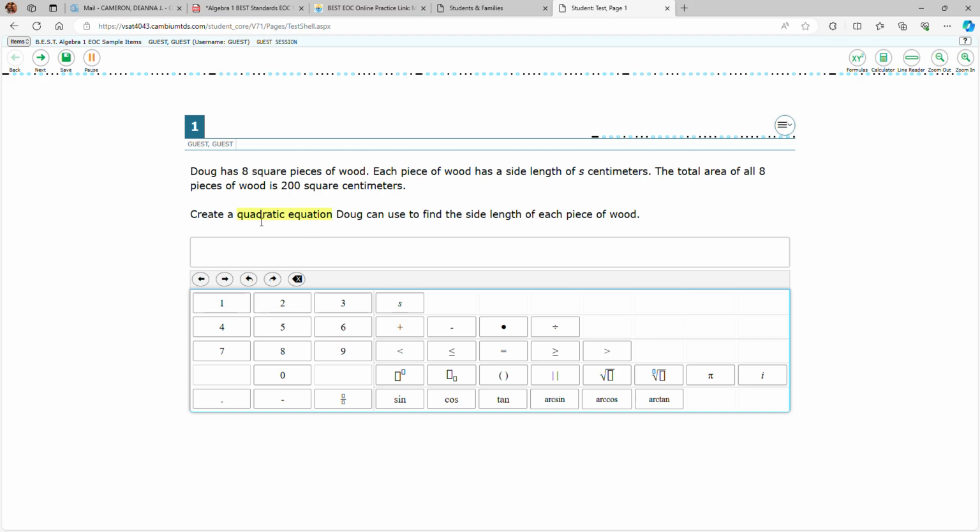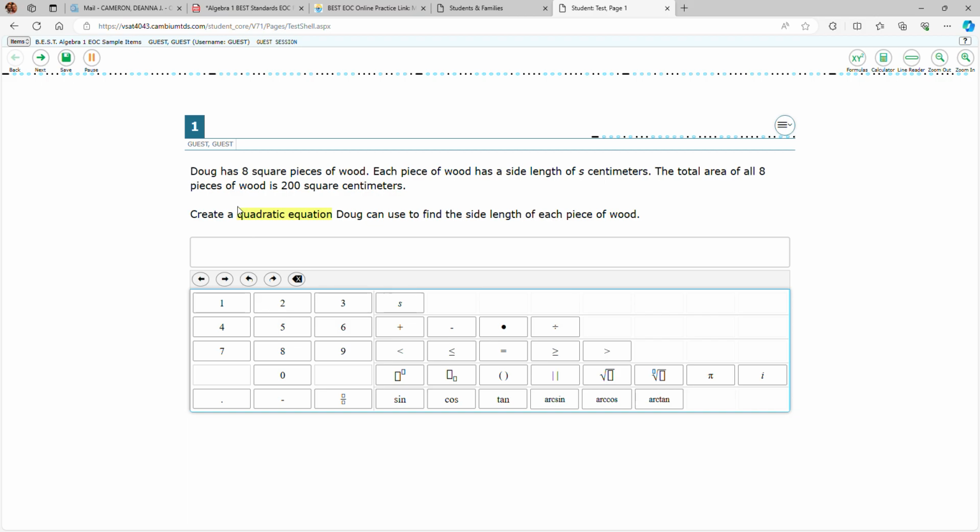And quadratic means that it has a variable with some sort of exponent. Maybe one variable has an exponent and another doesn't, but somewhere along the line in our equation, there is a variable with an exponent.